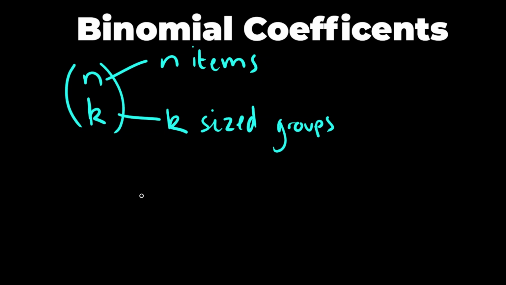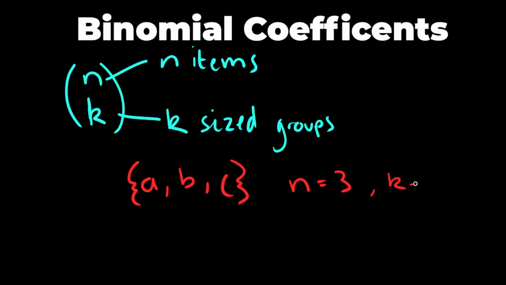So let's say I have, for example, A, B, C. So my n is equal to 3, and I want to know the number of ways I can group two of them. So my k is equal to 2.